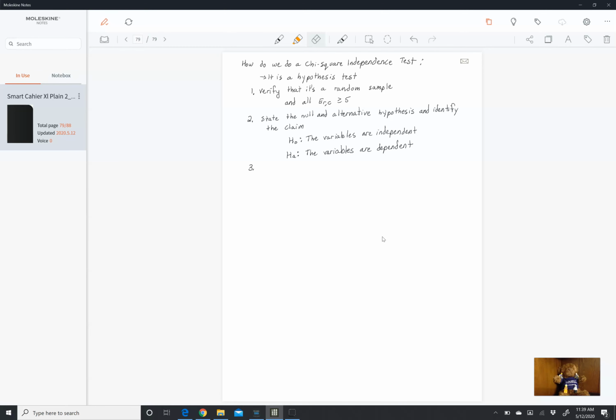Then you're going to specify your level of significance, which again is given to you, or if you're doing the experiment on your own, it's something that you decide. And then the degrees of freedom.